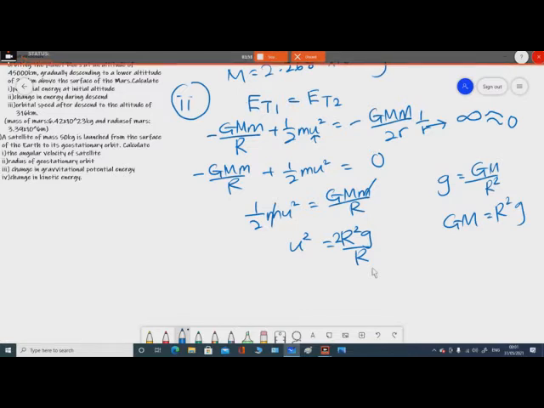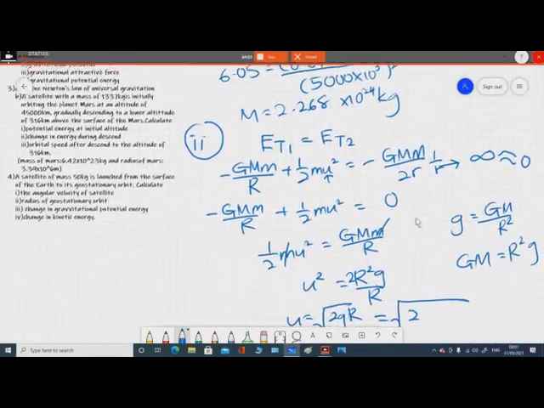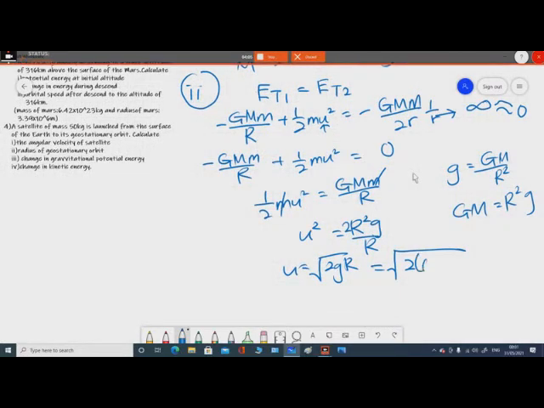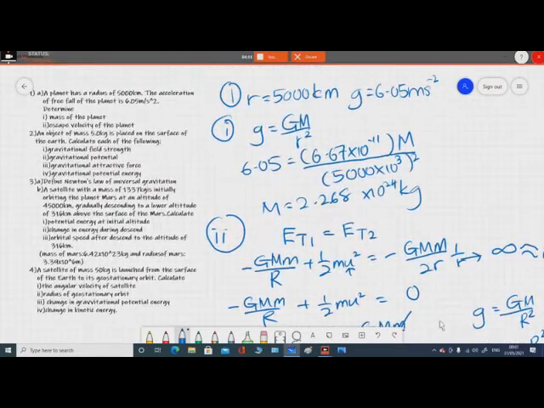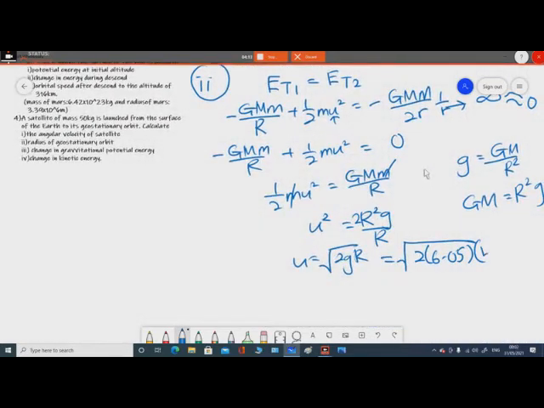So u is actually the square root of 2gr. Finally we substitute the information given by the question, which is 6.05 for the g, and r is given as 5,000 kilometers, so 5,000 times 10 to the power of 3.